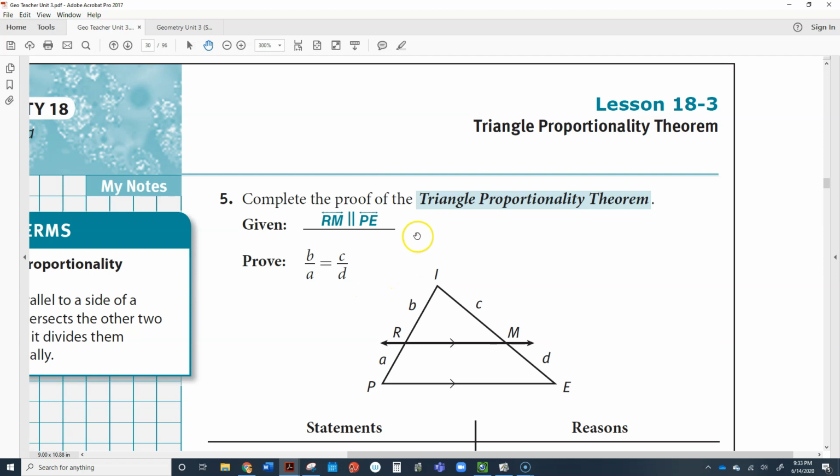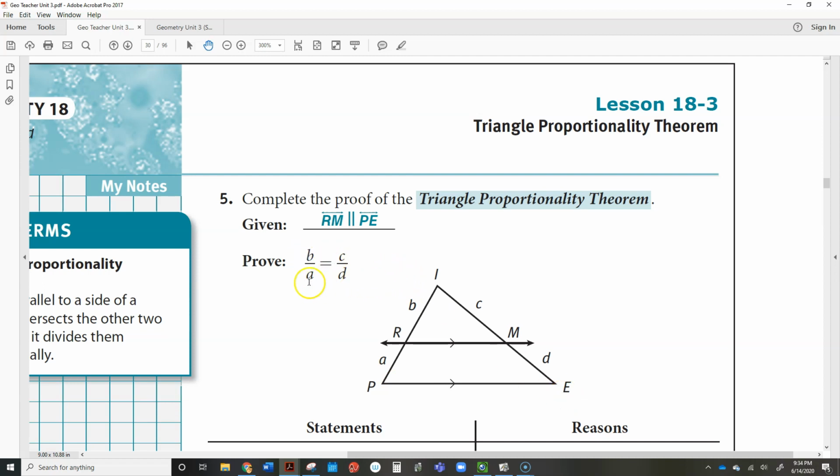But here's what the triangle proportionality theorem says. You're going to have two lines that are parallel. That's what they're going to give you, two lines that are parallel. And from knowing that these two lines are parallel, and of course we've got the triangle situation, the one line that's added to this triangle right here is parallel to one of the sides.